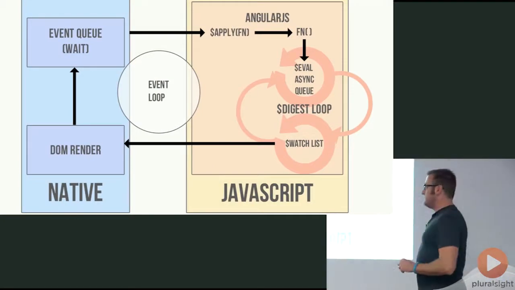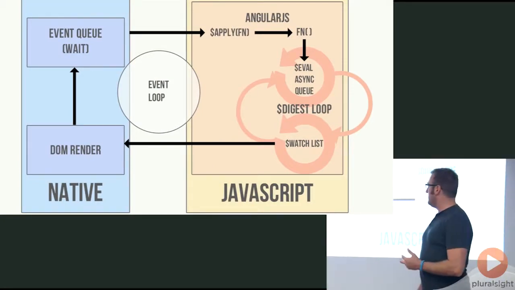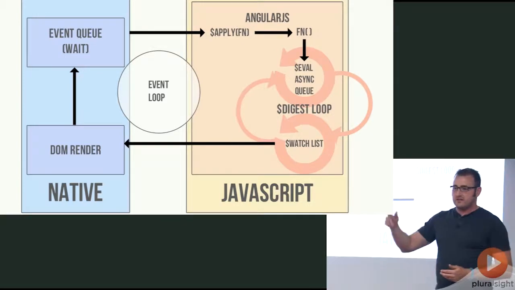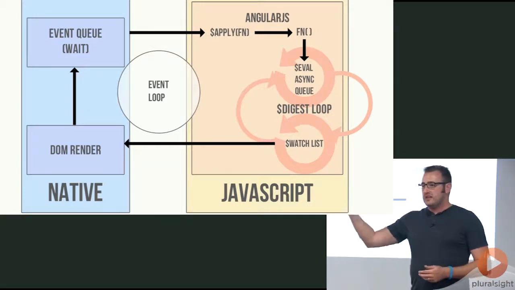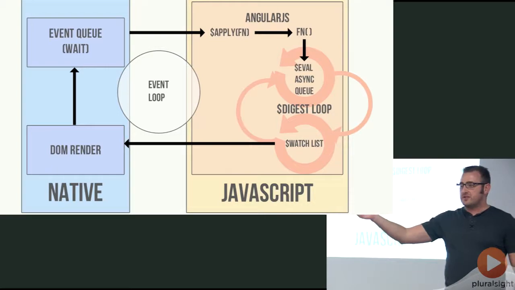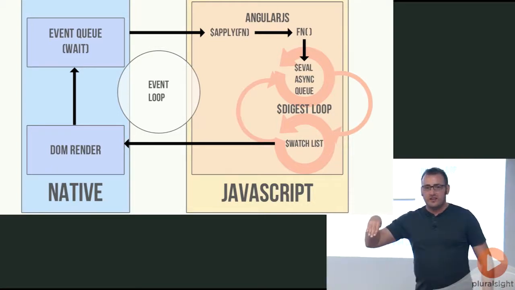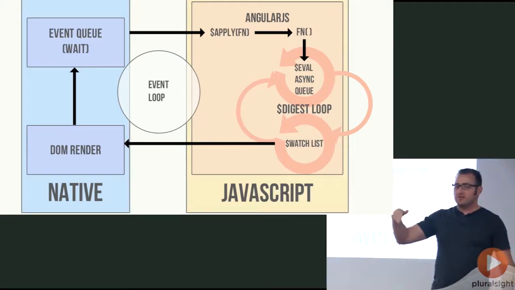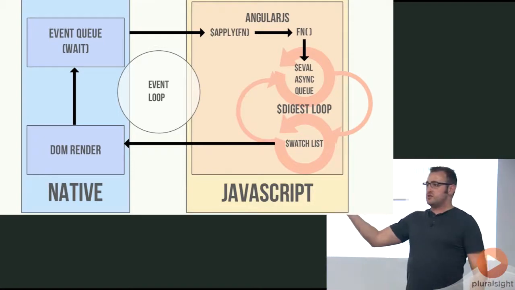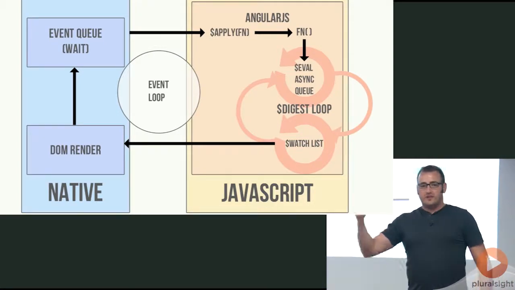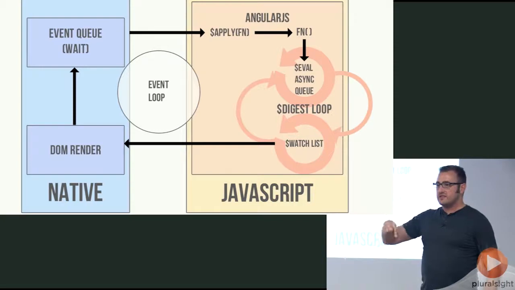And so the native event cycle, or the event loop, is: something happened in the DOM, which kicked off a callback in JavaScript. JavaScript would do something, possibly modify the DOM, and then relinquish control back to your HTML. So you had this back and forth.